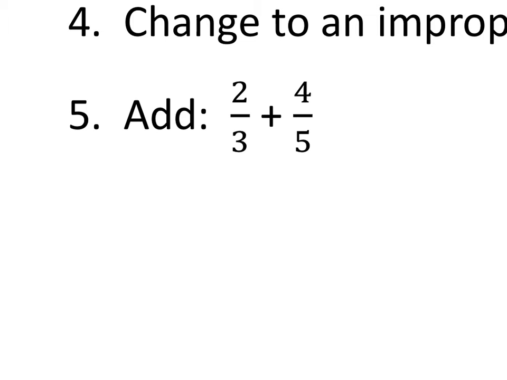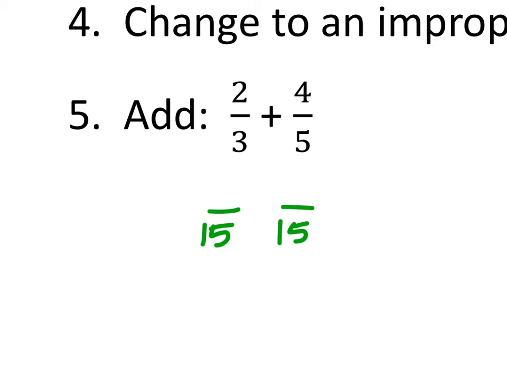You can use lowest common denominators, but if you use a common denominator, it wouldn't matter if you used 1500 or 45 even, something like that. As long as they're the same, then you can add or subtract. So I am going to use, I guess it would be considered the lowest common denominator, which is 15.